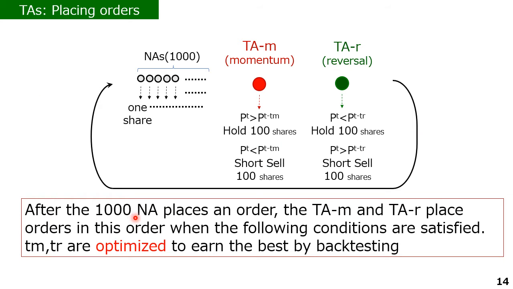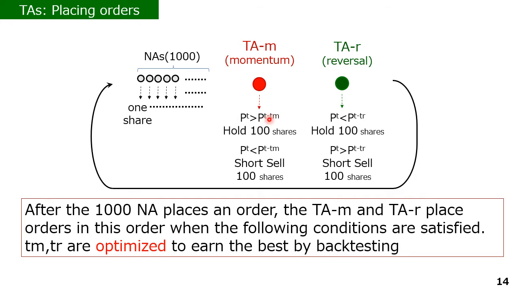After the thousand normal agents place their orders, TAM and TAR place orders in this order when the following conditions are satisfied. For example, TAM: the current market price is bigger than the historical market price. TAM holds 100 shares.